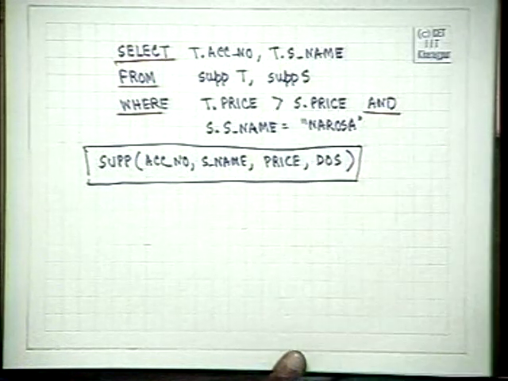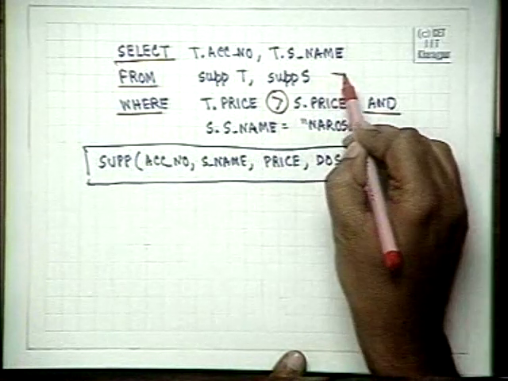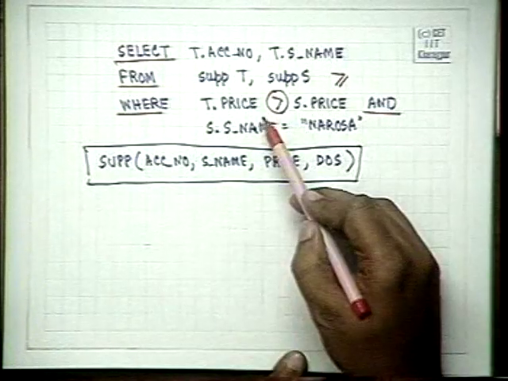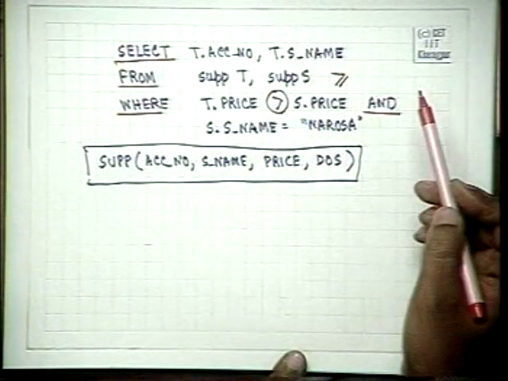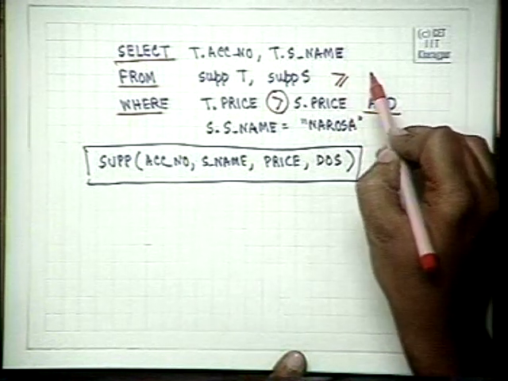Now, this greater than can be replaced by other things as well. This may be greater than or equal to, then it will be greater than or equal to the least cost price. It may also be equal to.